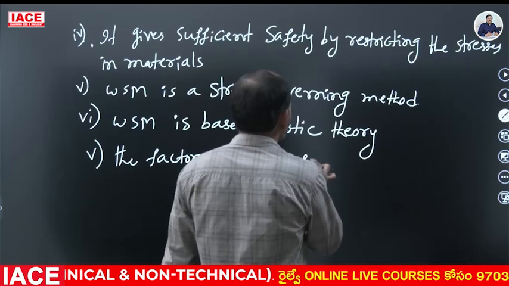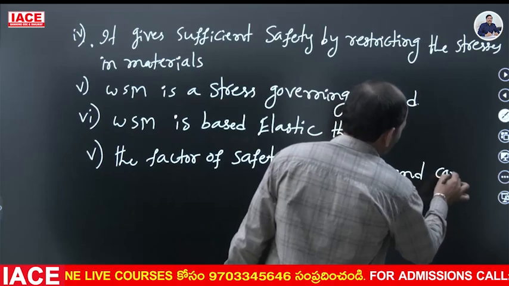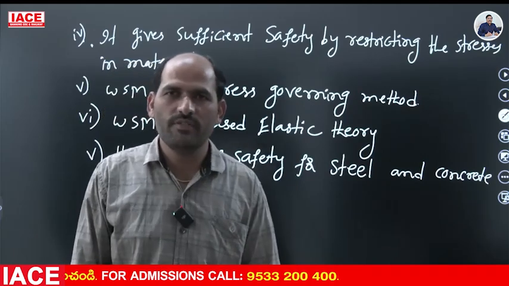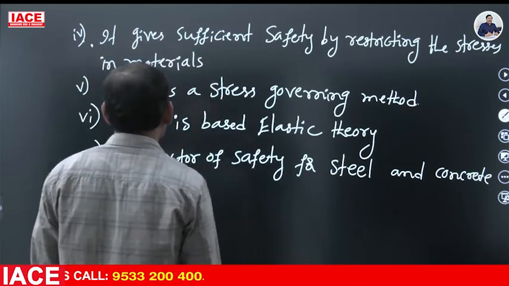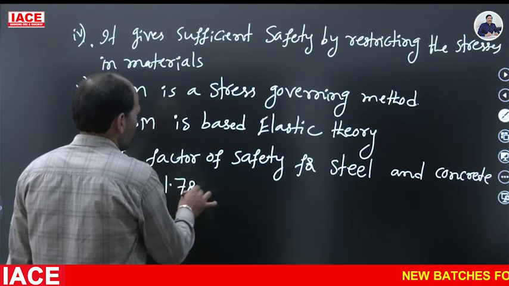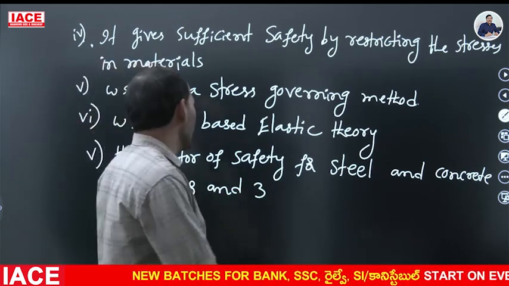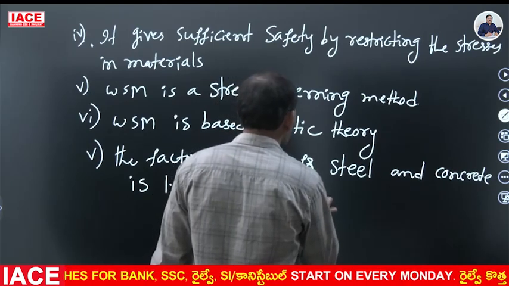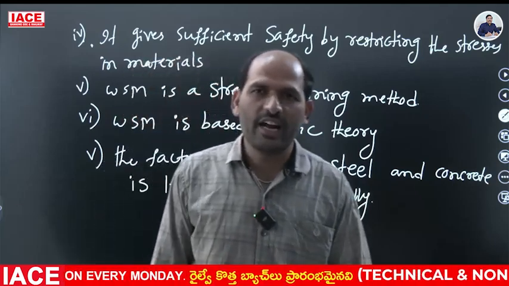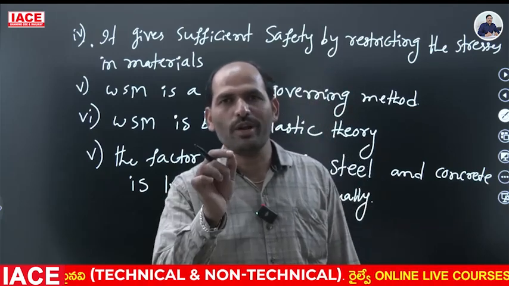That means factor of safety for steel is 1.78, approximately 1.8.